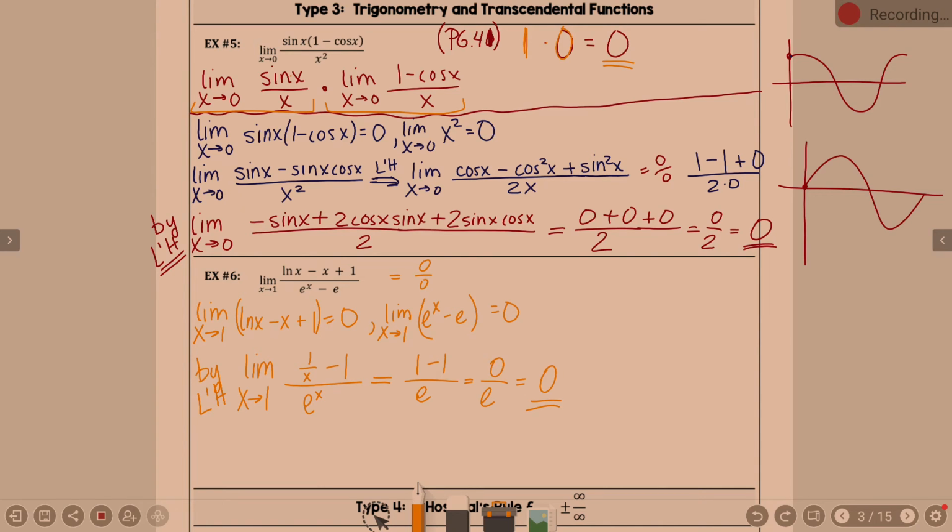To actually evaluate a limit like this, we would have had other methods that worked. Looking at a graph will help, factoring will help at times. There are certain other ways that will help. So, okay, 7.